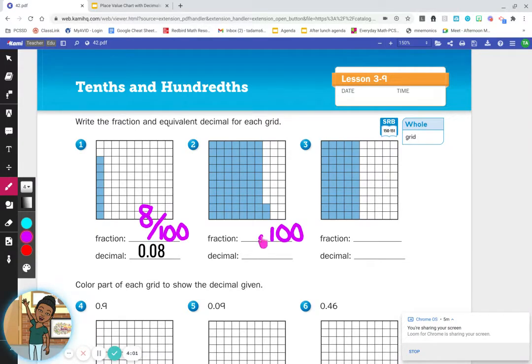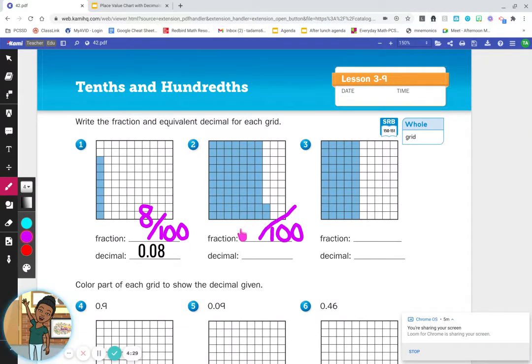How much of the area is shaded? When I look at this grid, how much of the area is shaded? Let's count. 10, 20, 30, 40, 50, 60, 70. Just a reminder, I'm counting by tens because I know there are 10 blocks in each column. 10, 20, 30, 40, 50, 60, 70, 71, 72.